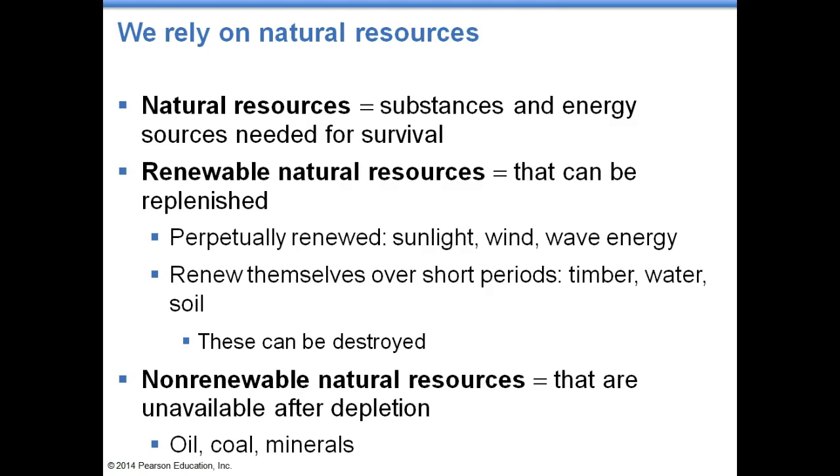It might take 100 years to grow, but 100 years is less than 100,000 years. So if we're cutting something down, we've got to put something in its place to replace it so that we always have that plant life available. We can also destroy these: forest fires, habitat destruction, building developments, not using our land wisely. So these are some of the things that we need to focus on.